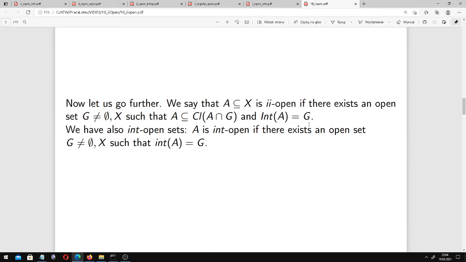A is int open if there exists an open set G different than the empty set and the whole universe, such that G can be considered as interior of A.